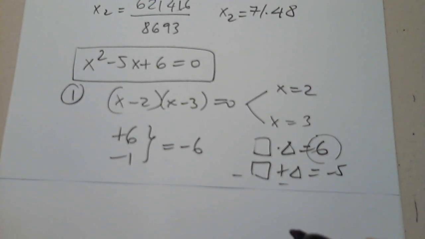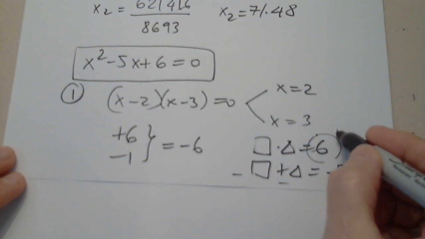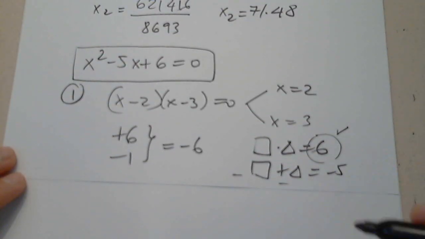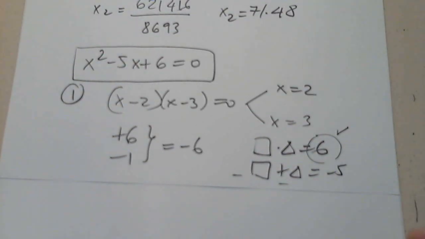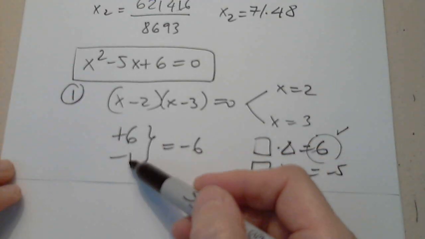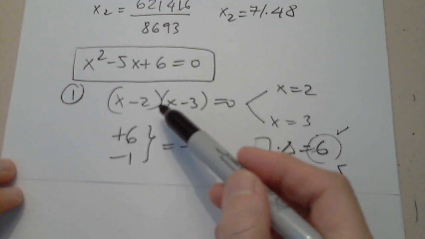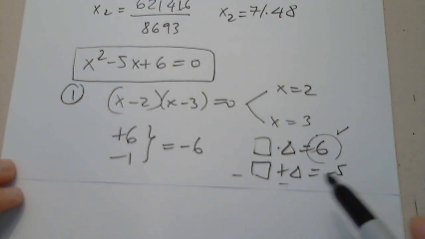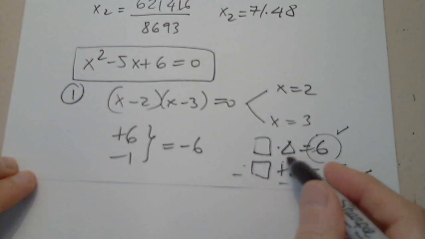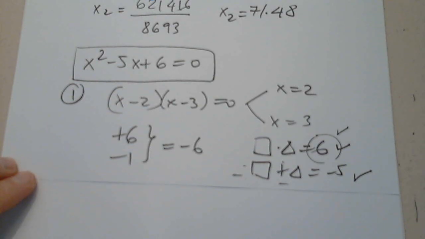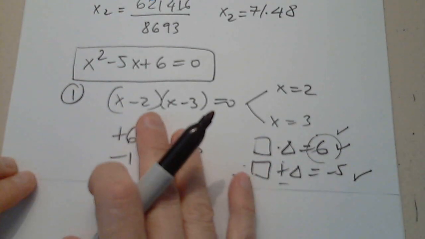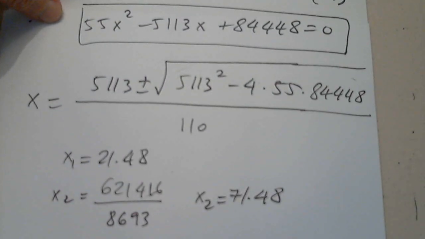So this is the thinking process. First, I look at the product. Because the product is positive, the numbers have to have the same sign. 6 and negative 6 will not work because I will not get 6. But with negative 2 and negative 3, the sum is negative 5, and the product is indeed 6. So this was method 1.